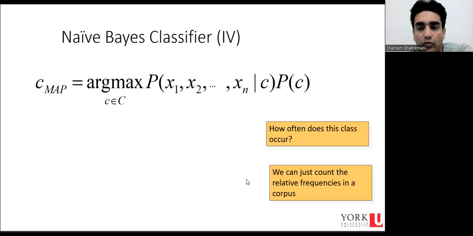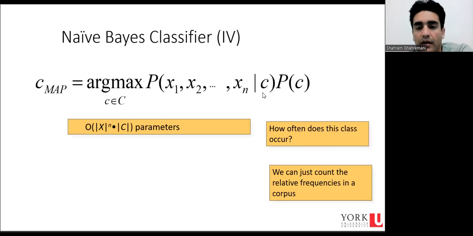What about the likelihood of the document, of these features in a document, given the class? Well, there are a lot of parameters for this probability. If there are n different features and each of them has a certain length, that's a lot of parameters that have to be computed, and we have to compute them one for each class.